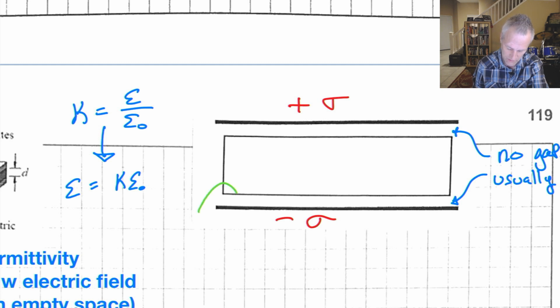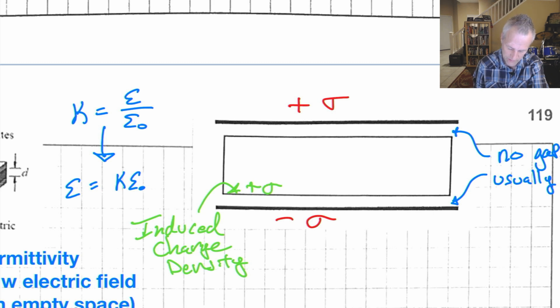So this would have an induced charge density, and that would be plus sigma, and this one would have an induced charge density of minus sigma. Our net electric field is going to point from the positive plate down towards the negative plate.